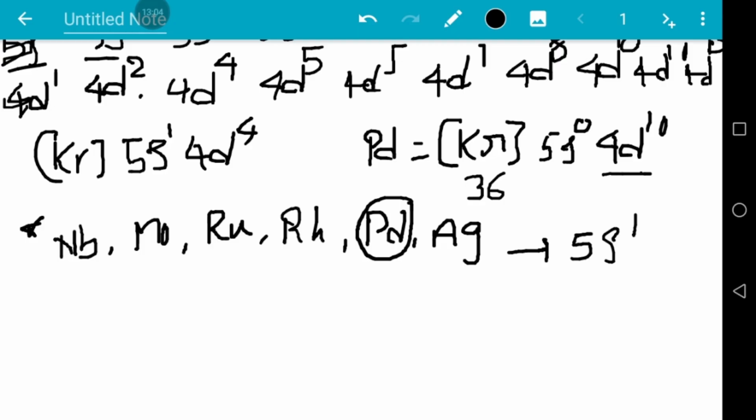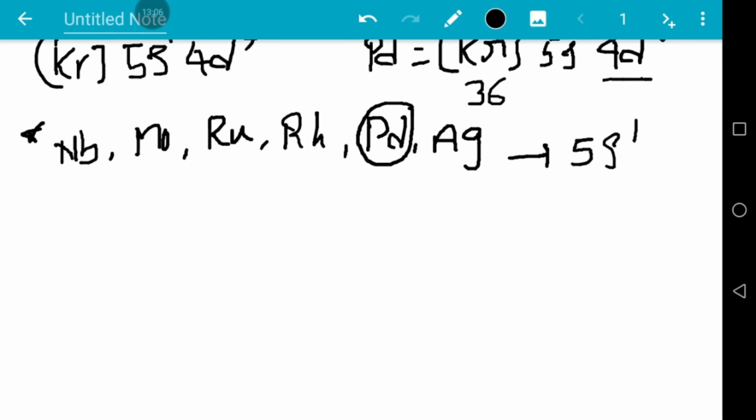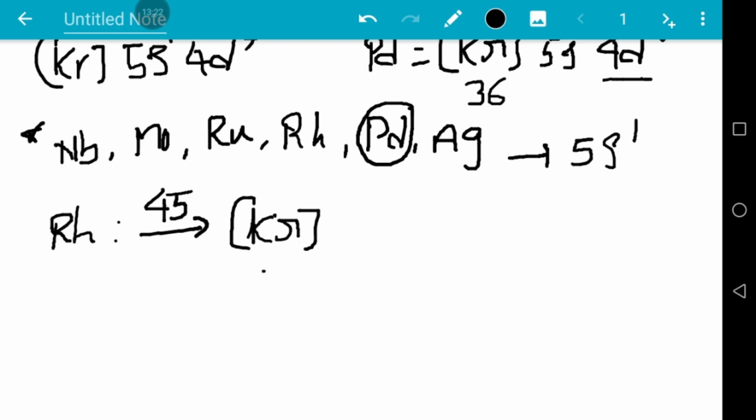For example, they are asking for the rhodium configuration. Rhodium atomic number is 45. So write down krypton, 36 completed, then the remaining 9 electrons are present. After krypton, we have to fill the 5s orbital and the 4d orbital.